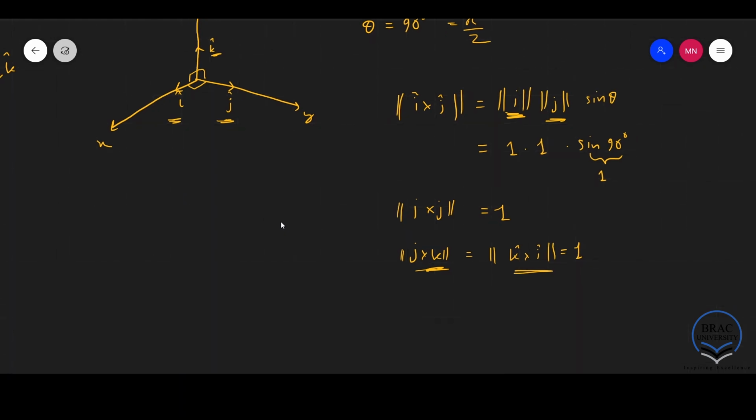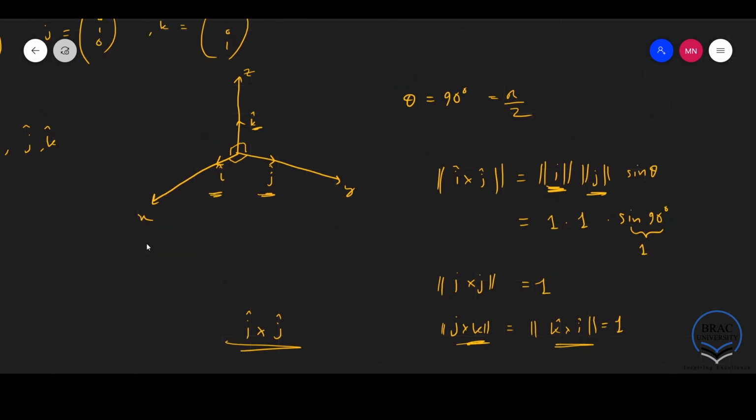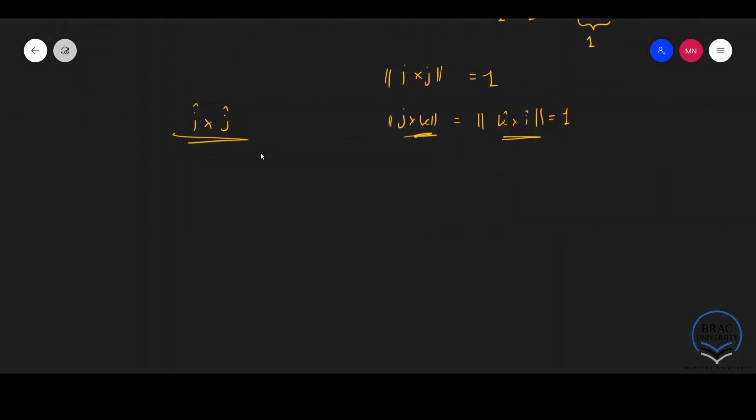So now that we know the length of these vectors, what is the direction of these vectors? What is the direction of i cross j? In order to determine these directions, I can apply the right-hand rule once more. If I consider my vectors i and j, I know that my vector i cross j will be perpendicular and orthogonal to i and j. So this vector can either point in this direction, which is in the direction of k, or in the negative direction, minus k.